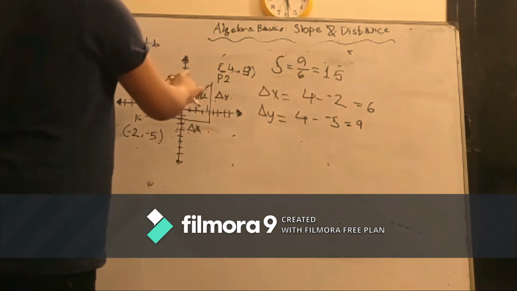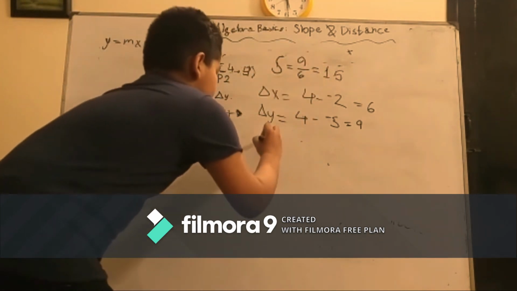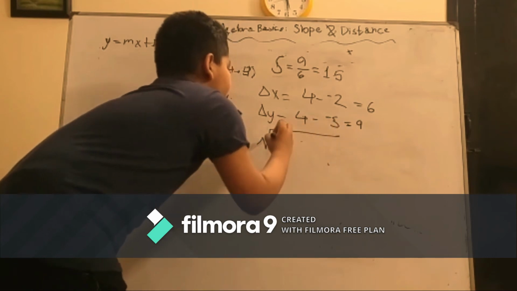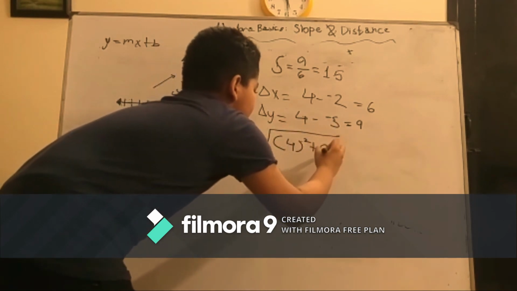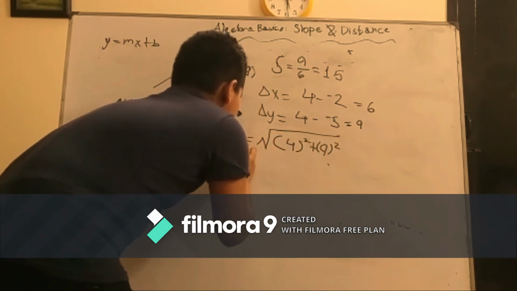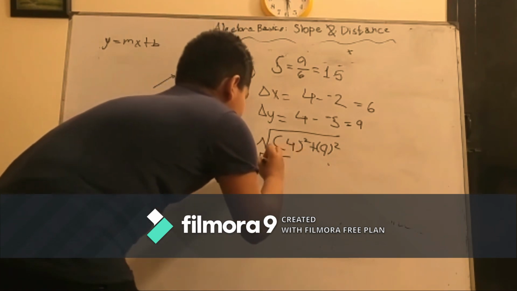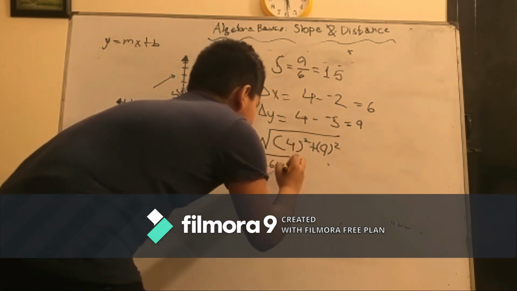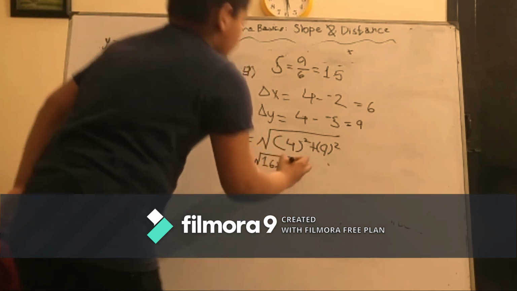Now let's look at the distance between 2 points. Since we found these, we just do 4 squared plus 9 squared. Now the d will be the same thing as 16 plus, what was 9 squared again, you ask?